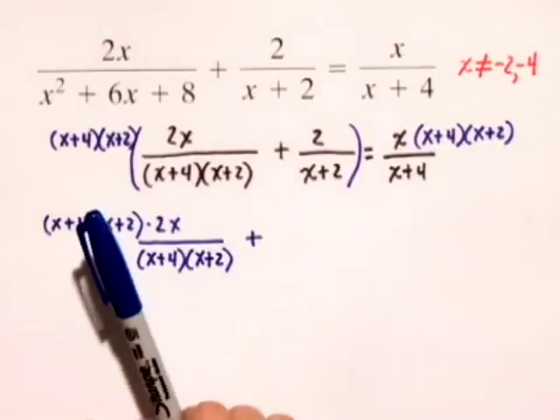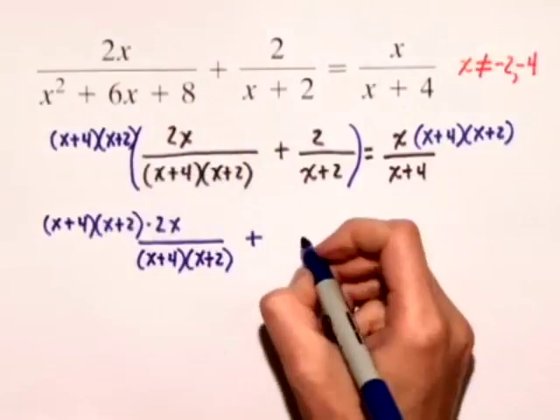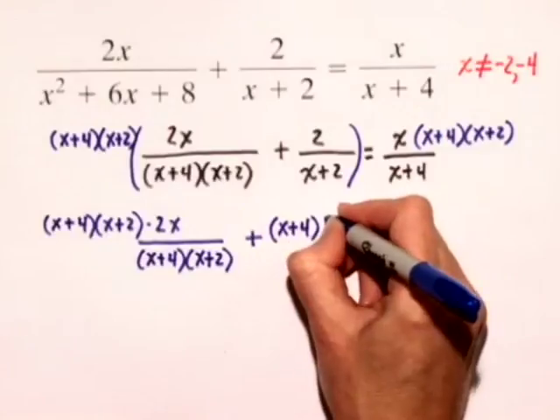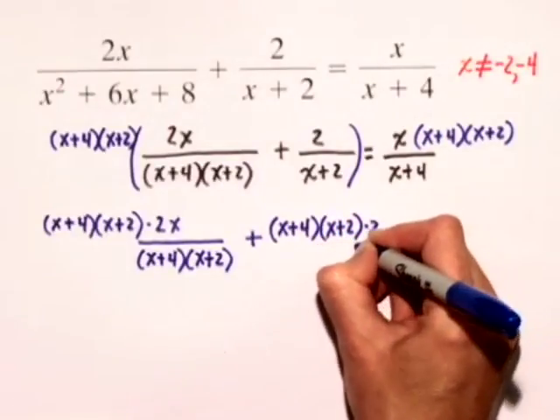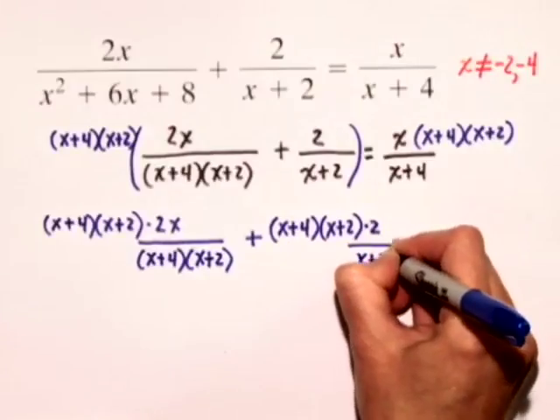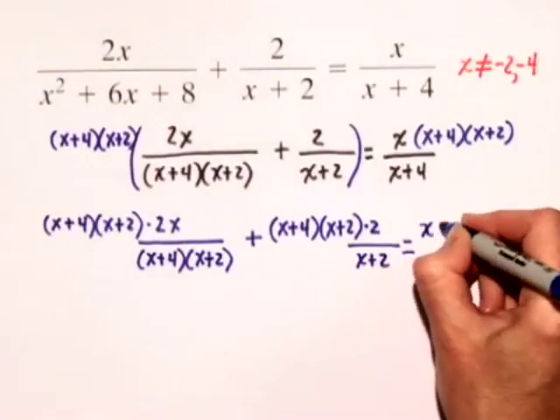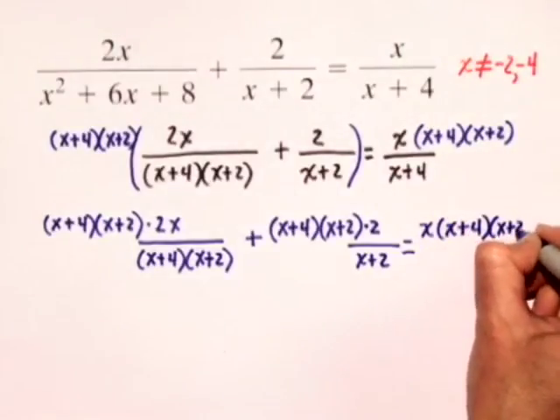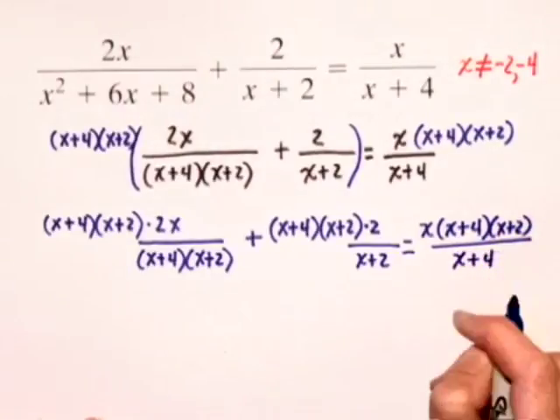Plus, we need to distribute this x plus 4 times x plus 2 through the parentheses, and we'll have x plus 4 times x plus 2 times 2 over x plus 2. And on the right-hand side, we just have x times x plus 4 times x plus 2 over x plus 4.